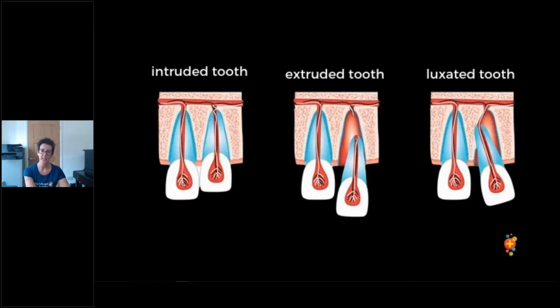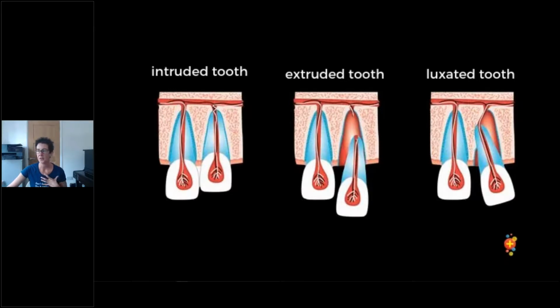The extruded teeth, when it's almost out of the socket, so it looks longer, it looks like it's hanging out, and they're really wobbly. Intruded teeth are the ones that have gone up into the gum, so they look shorter than they did before, and they're a bit difficult to tell sometimes whether the tooth is intruded or whether it's fractured. And as I said, if there's a doubt about that, then you may need an OPG.